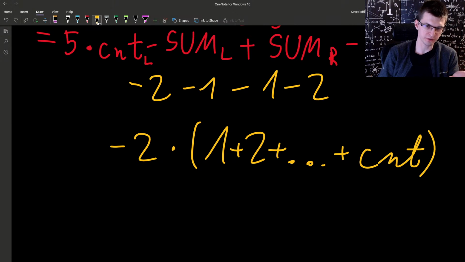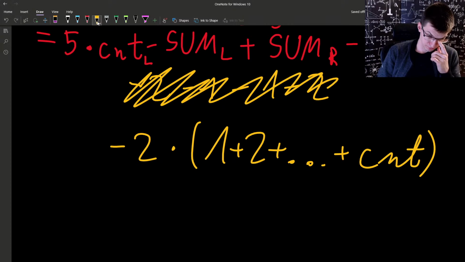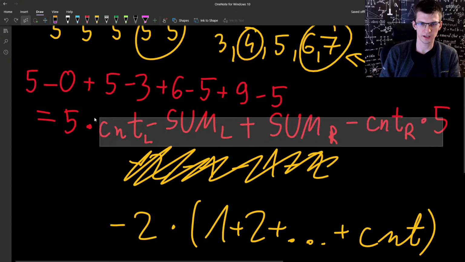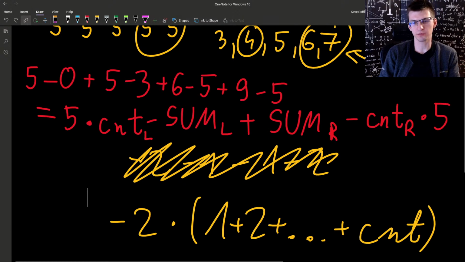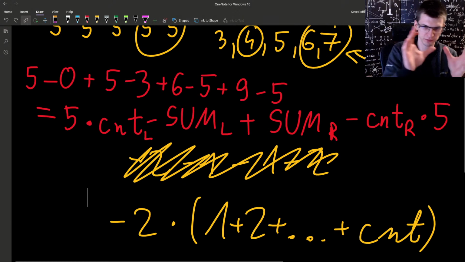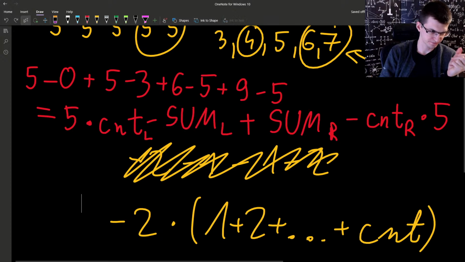And there is a formula for that. Okay, this is just a general version of what I wrote here. And yep, that's the answer. This minus that is the score, the smallest number of moves for this window. Then we can move the window by 1 and again consider it by checking the new sum L and sum R.